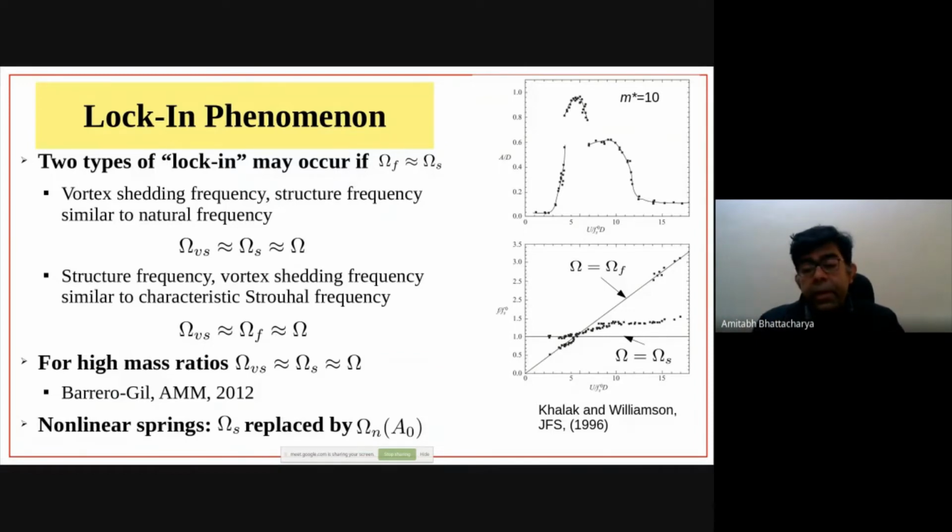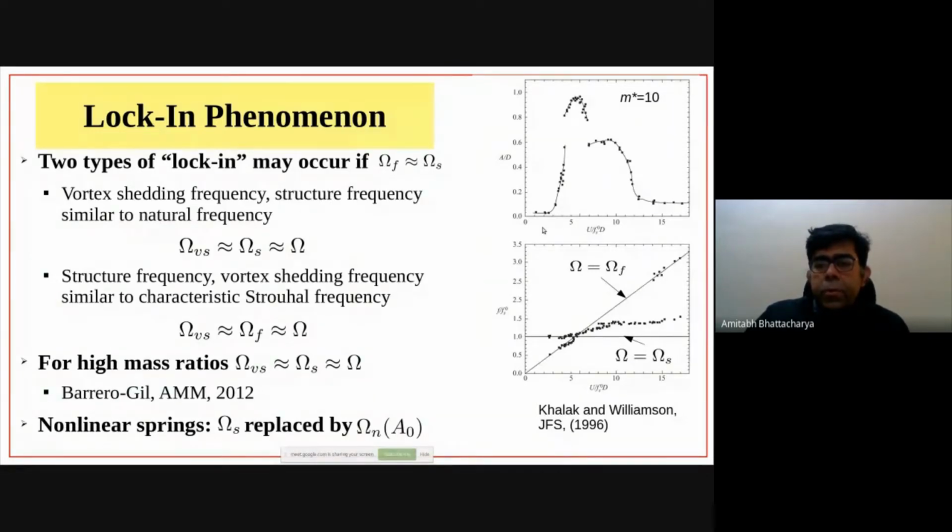It will rather depend a lot on the amplitude of oscillation. Okay. And so in the presence of a nonlinear spring, we can expect that in the lock-in chart we are seeing here, you can replace the natural frequency of the linear spring with the natural frequency of the nonlinear spring, which will definitely depend on the amplitude itself.